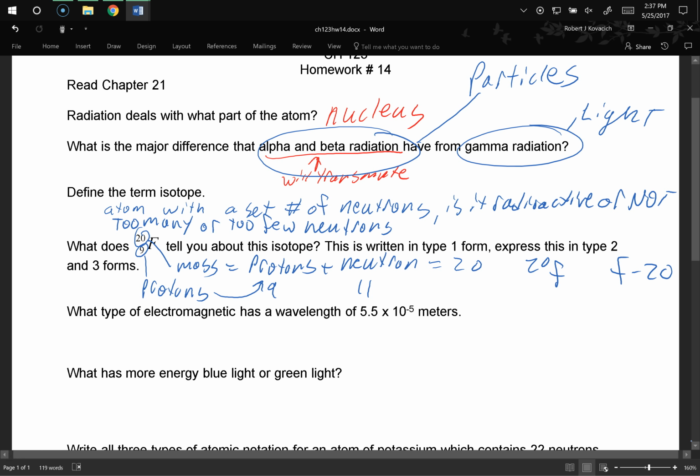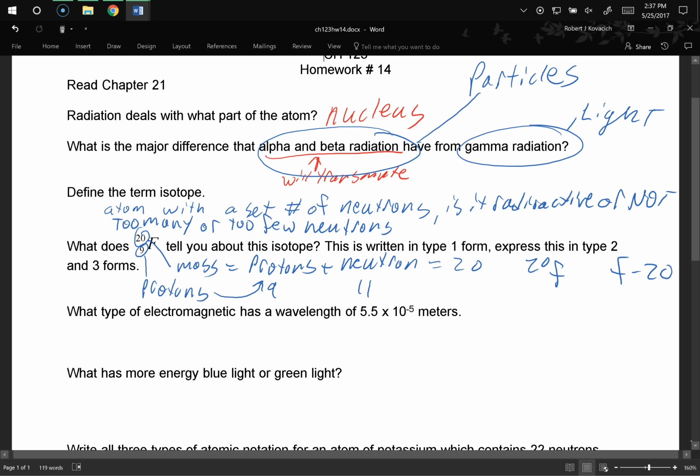Okay, electromagnetic wavelength, 5.5 times 10 to the negative 5th meters. What are you doing with that one? Is it radio waves? No? Microwaves? Really? Is it microwaves?